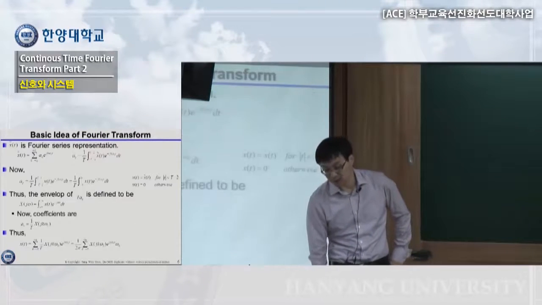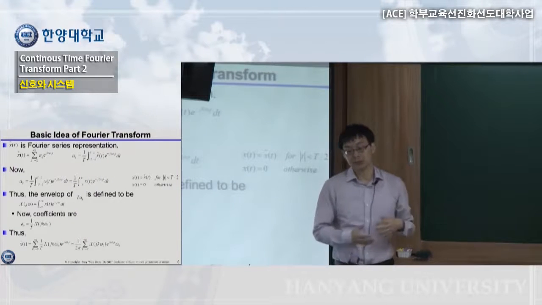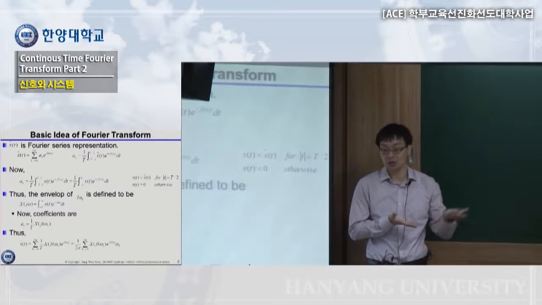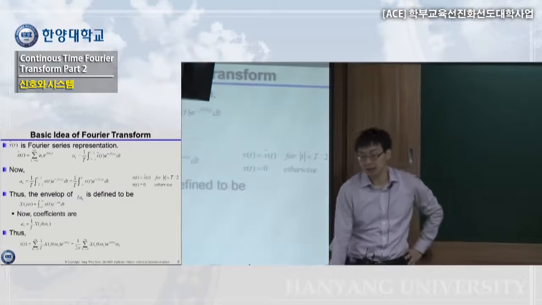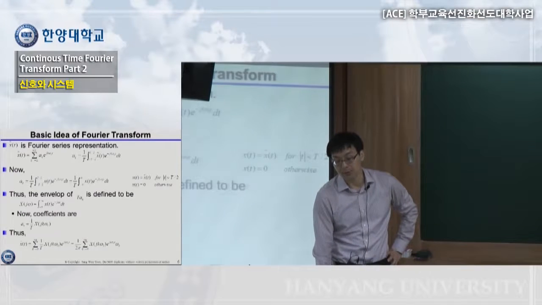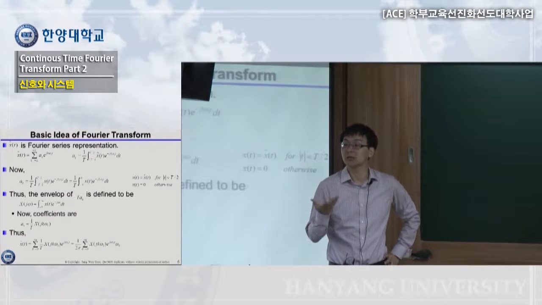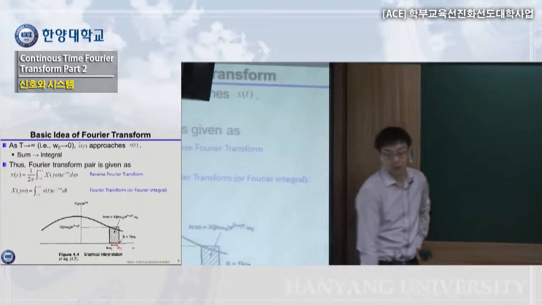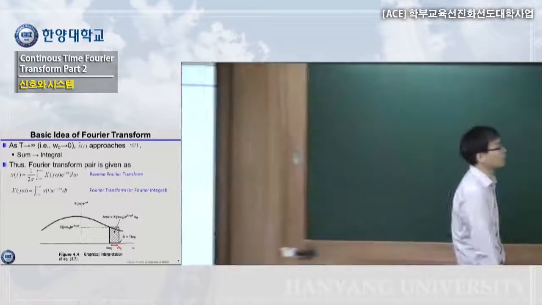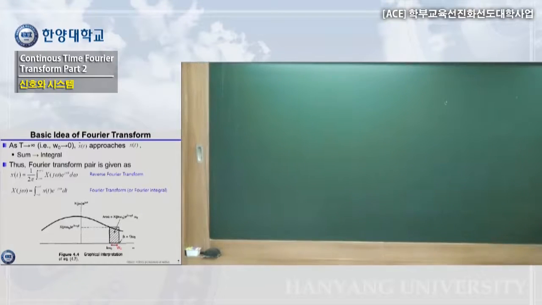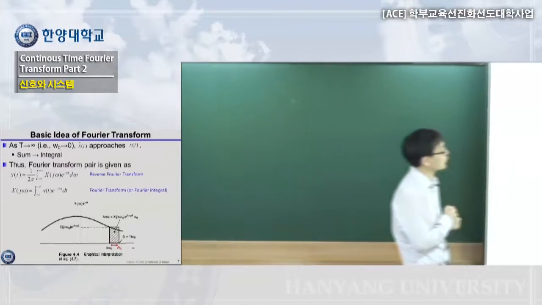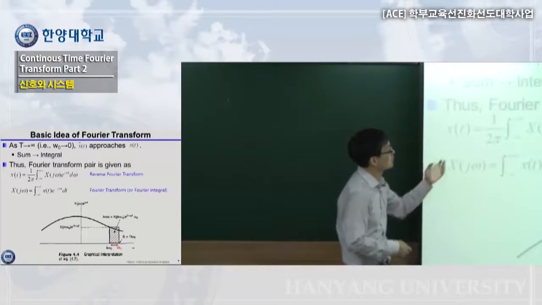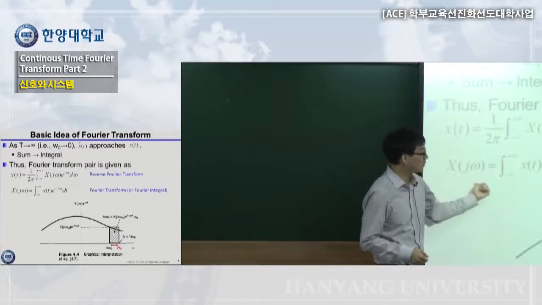Based on this claim, we put in the Fourier series representation and then calculate what happens when T, the period, goes to infinity. Based on that, we derived the Fourier transform representation.